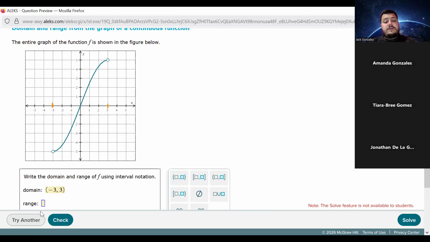And then the range is like, all right, how high did it go? The high on the y is 5, but there's also, again, a hole there and a hole here. So I have to put parentheses on that as well. So -5 and 5.